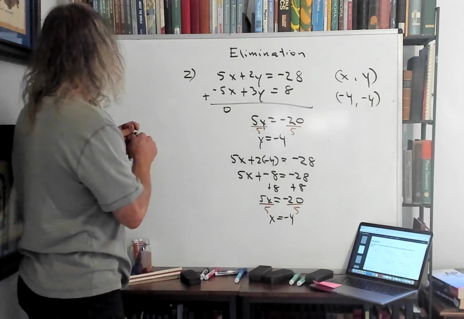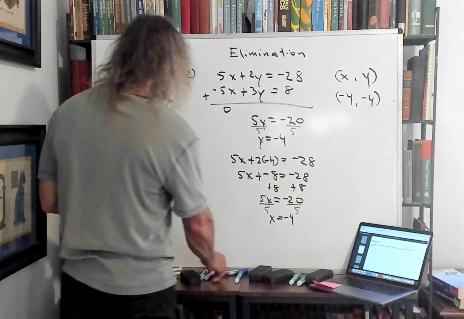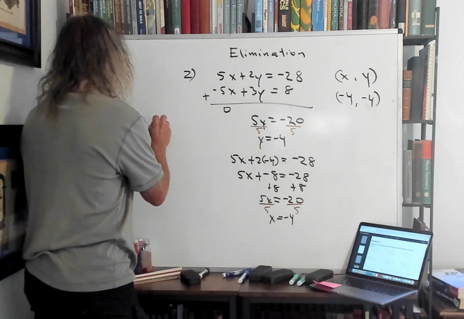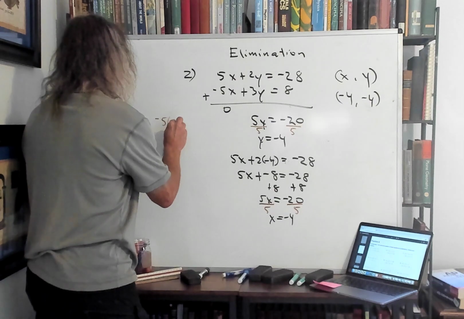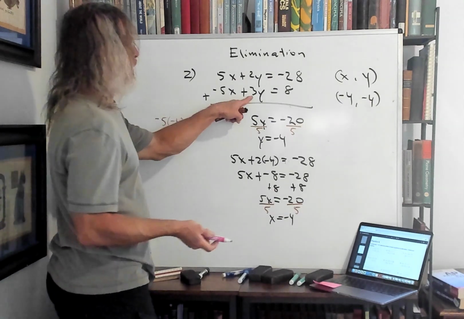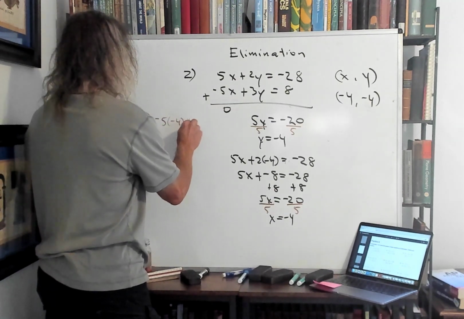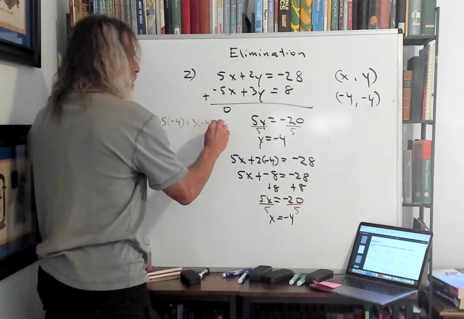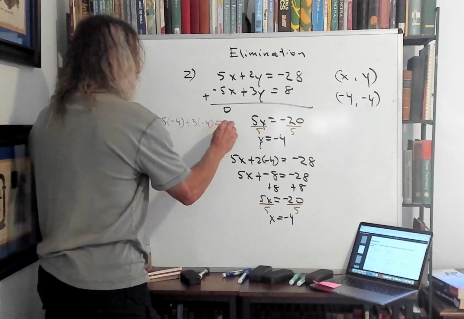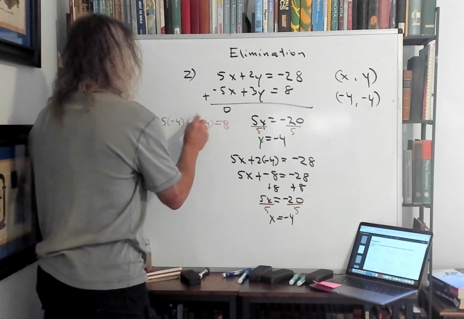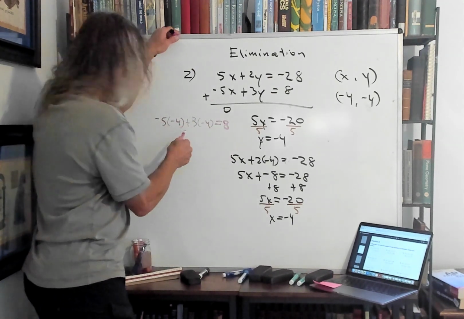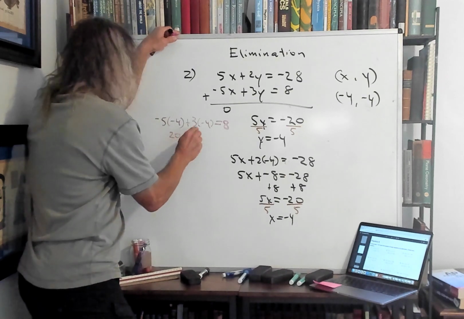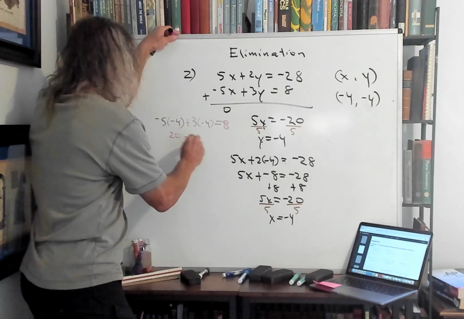Negative 5 times negative 4 for our check, plus 3 times negative 4 is supposed to equal 8. Negative 5 times negative 4 is 20. That's negative 12.